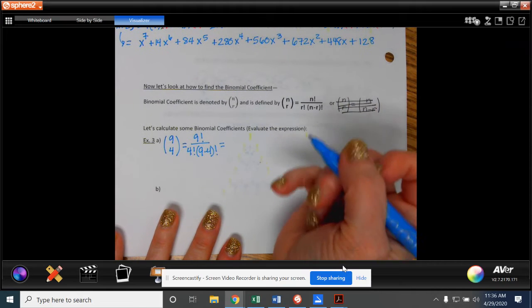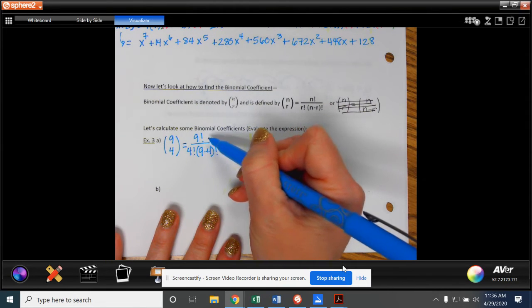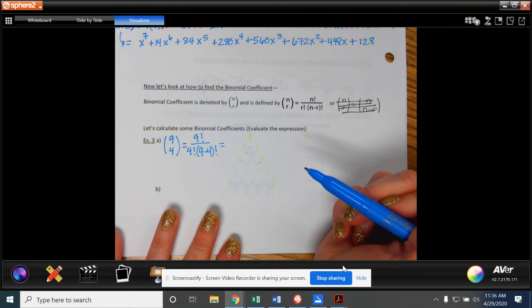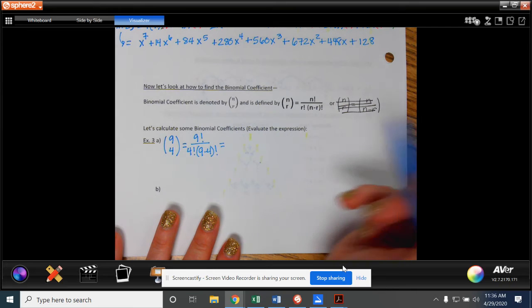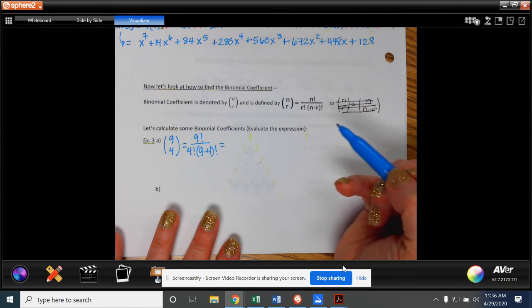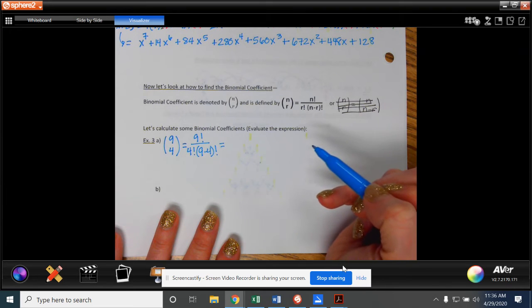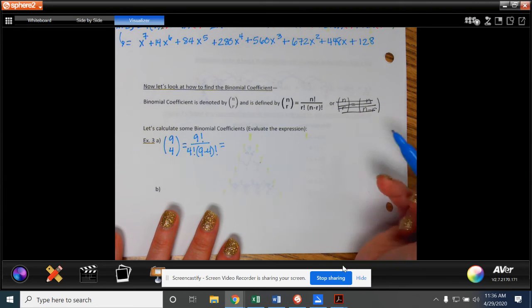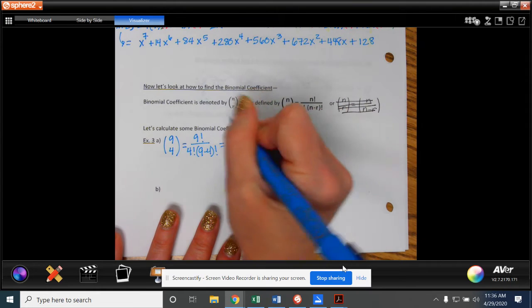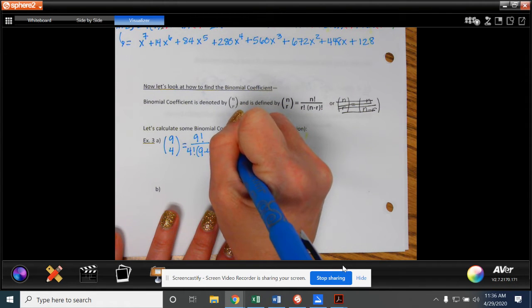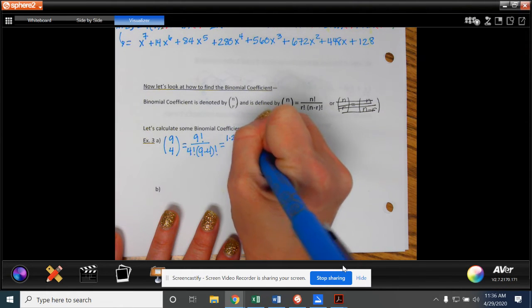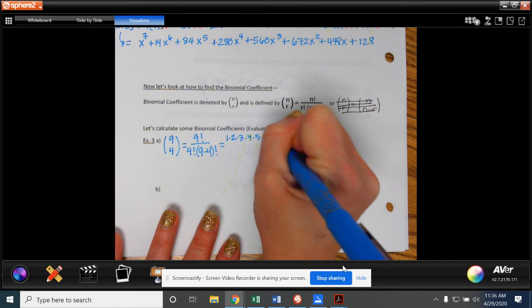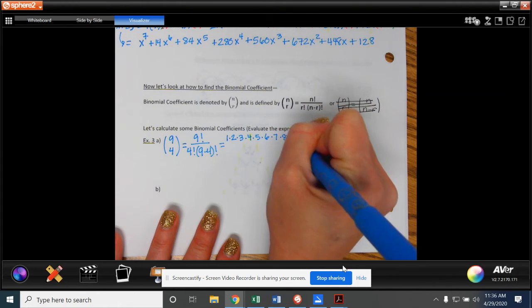So with that, 9 factorial is the same as going from 9 down to 1, or you can go 1 up to 9. It doesn't matter. So it's either 9 times 8 times 7 times 6 all the way down, or you can state it as 1 times 2 times 3 all the way up to 9. Maybe I'll just do low to high this time. So 1 times 2 times 3 times 4 times 5 times 6 times 7 times 8 times 9.